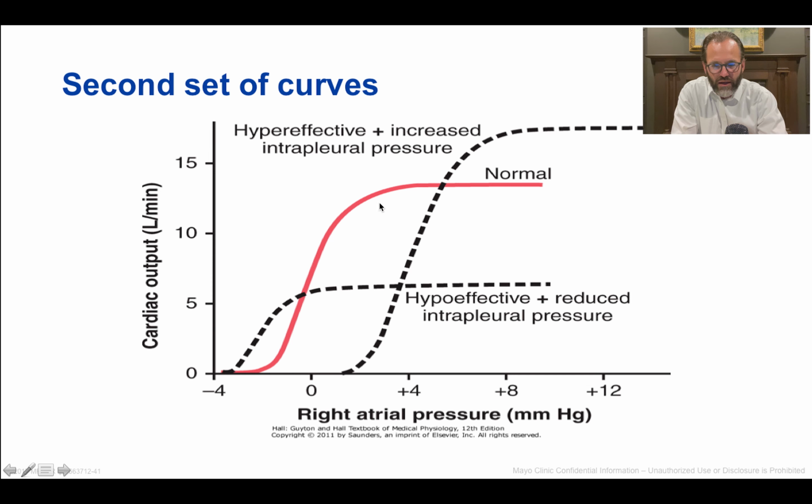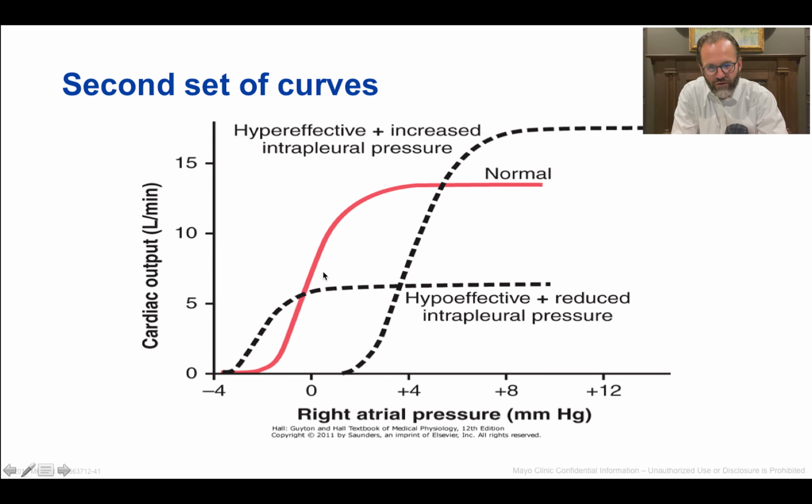At any given level of right atrial pressure, with this hyper-effective heart, it takes quite a bit of effort to get to the point where right atrial pressure becomes significant enough to overcome that increase in intrapleural pressure. But ultimately, you can have a higher cardiac output than you would normally because you have a hyper-effective heart.